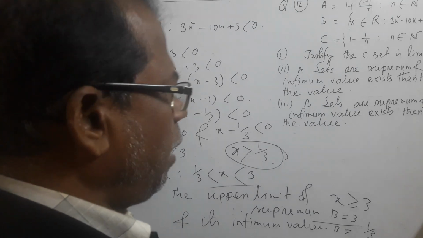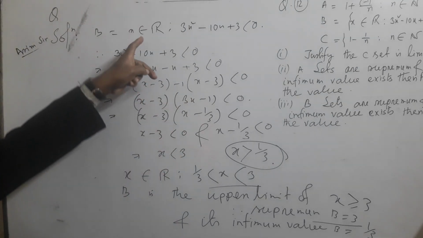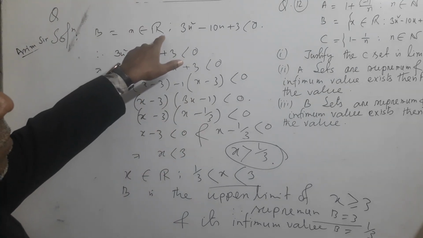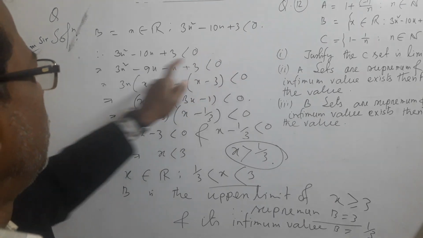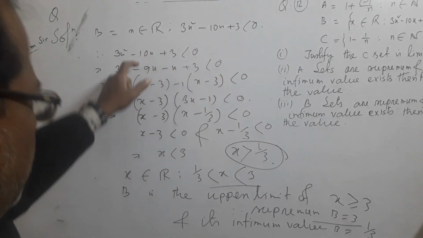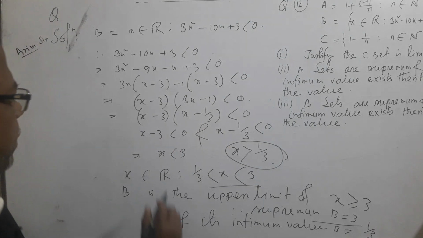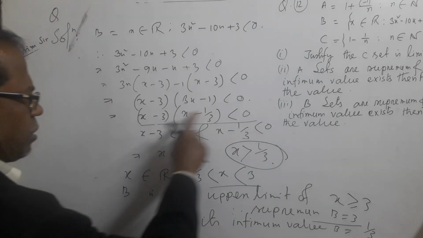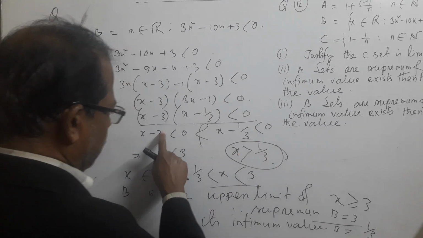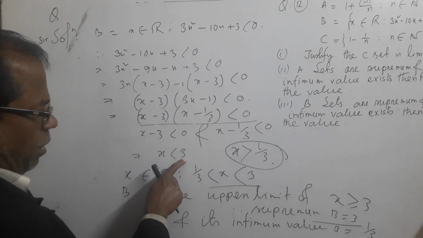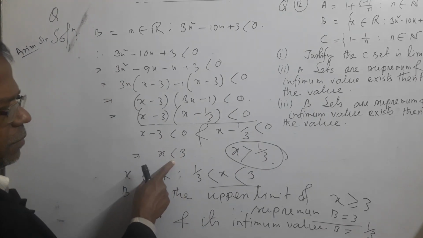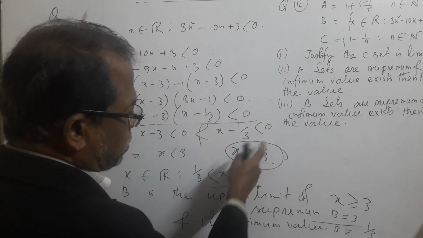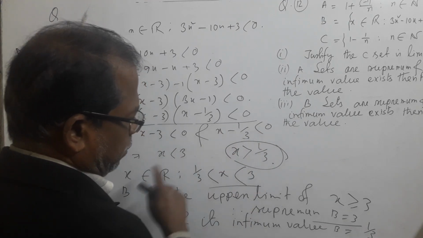It's clear. So x belongs to the real numbers such that f is less than 0. That's the calculation. That means 3 is the supremum, and since f is less than 0, x is greater than 1 by 3.